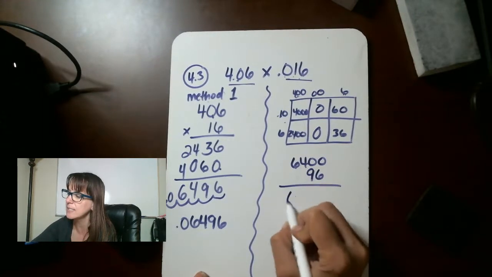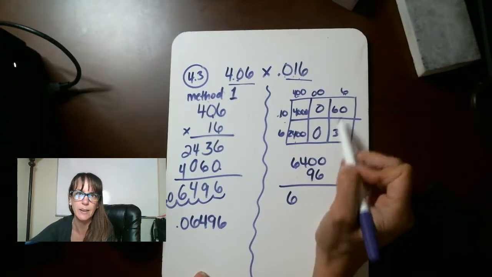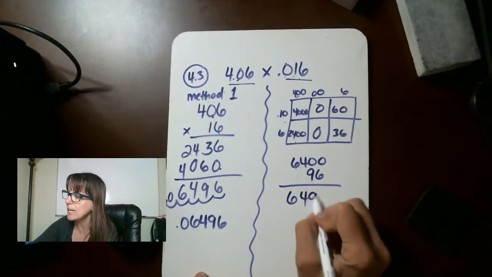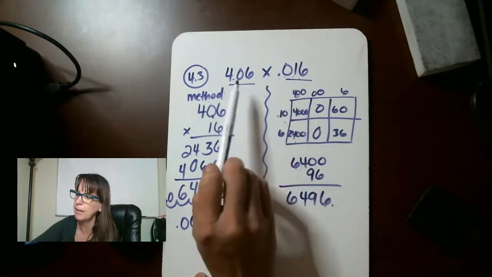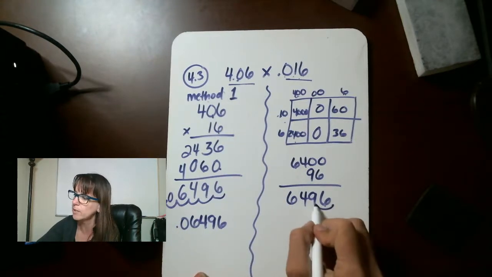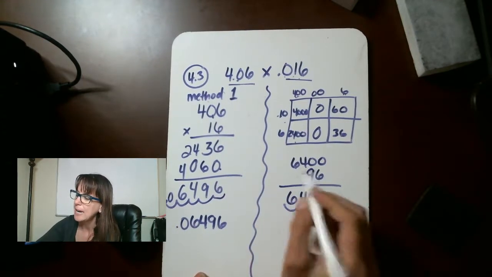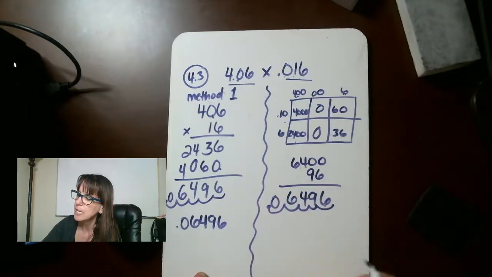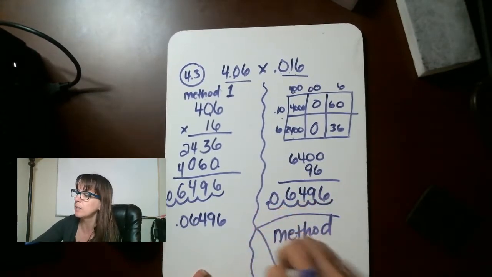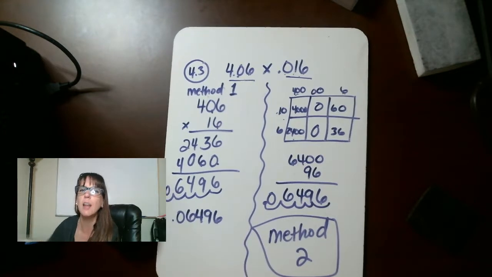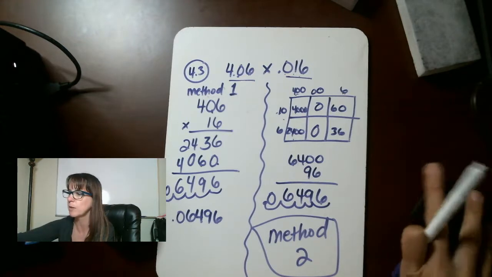Add those up, and basically, I just added everything that was in those squares. 6496. Our decimal is at the end. Same rules apply. There are 5 digits behind decimals. So we go 1, 2, 3, 4, and 5. So this is method 2, and I love doing multiplication by this method because it's a lot faster mentally, but it's personal preference, whatever you want to do.